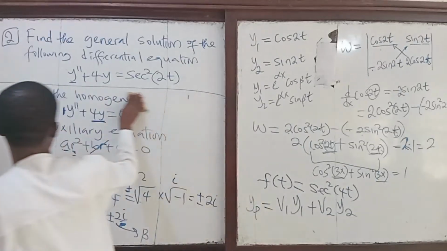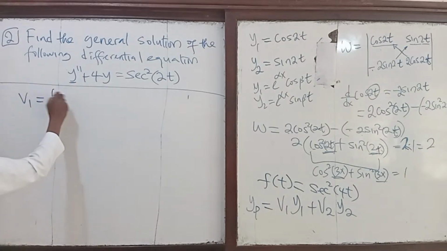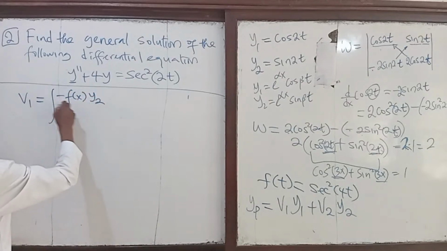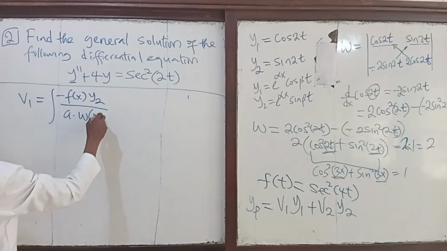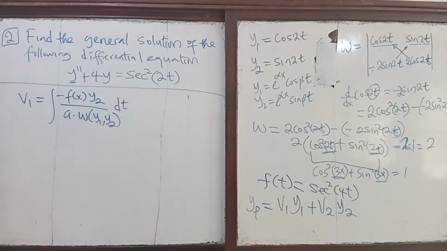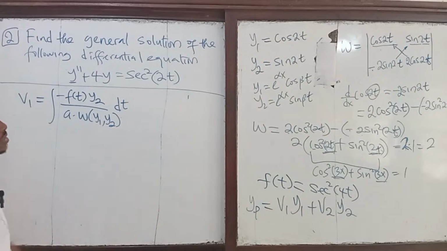Get your v1 and your v2. V1 is minus f of x, y2 over a times the Wronskian. Because this f of x is a function of t, everything will be in the form of t.